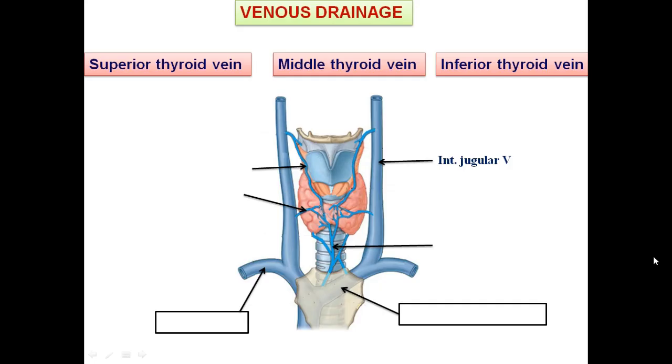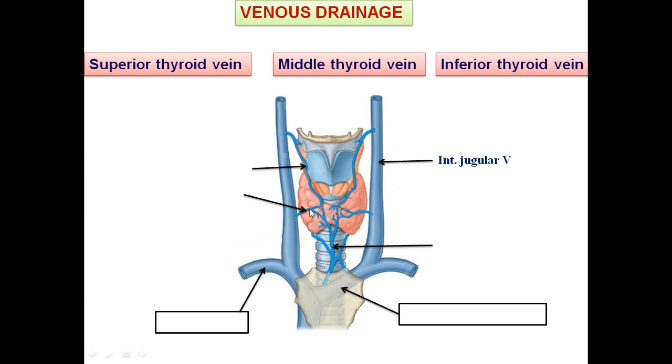Venous drainage of the thyroid gland. You can see the superior thyroid vein. The vein emerges at the upper part of the lobes and the upper border of the isthmus. It ascends and then drains into the internal jugular vein.